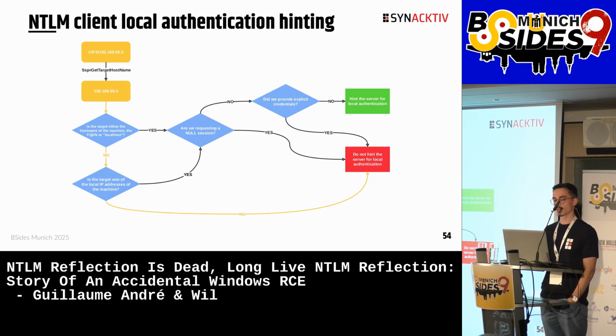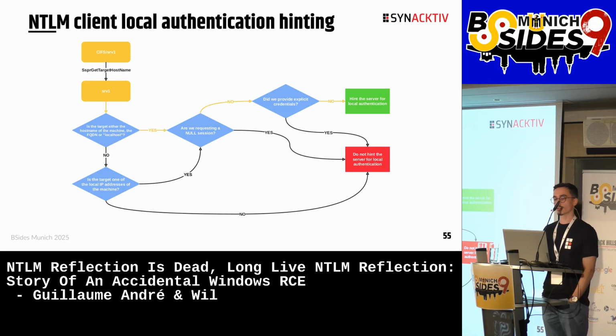And now it will go through a series of checks. The first one being, is the target either the host name, the FQDN, fully qualified domain name, or the string localhost? In this case, it's false because it's the attacker IP address. The second check will be, is the target one of the local IP addresses of the machine? It's also false. So the conclusion for this scenario will be to not hint the server into performing local authentication.